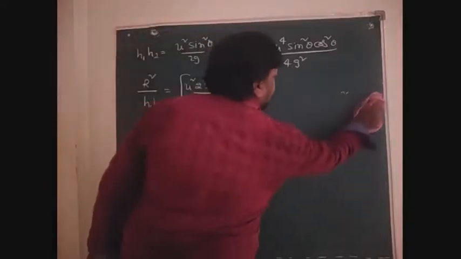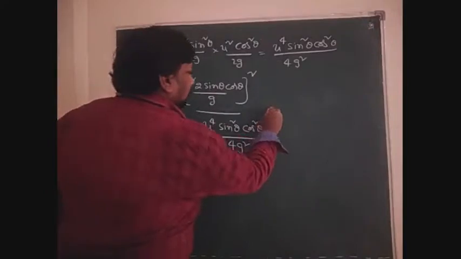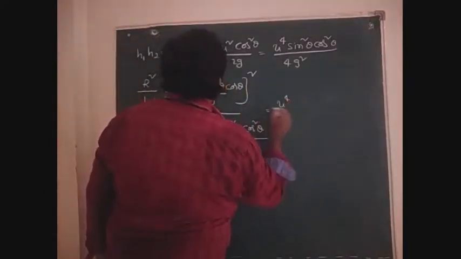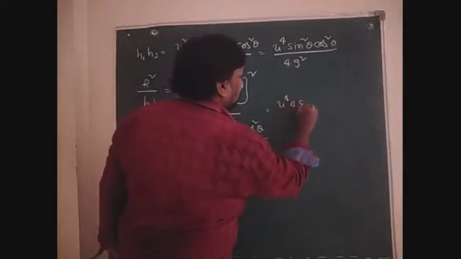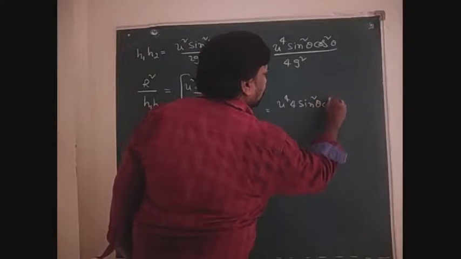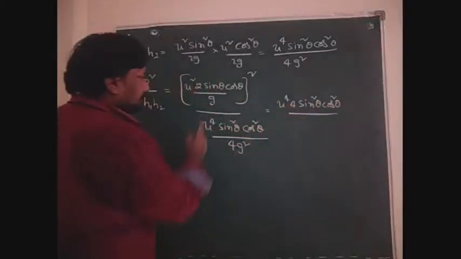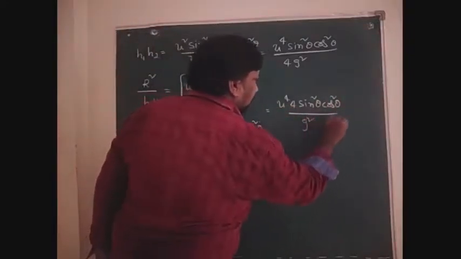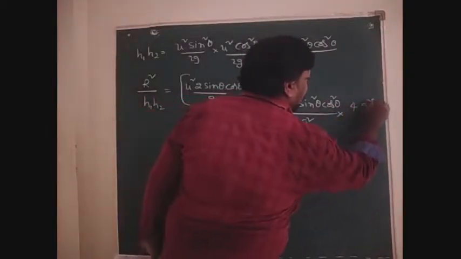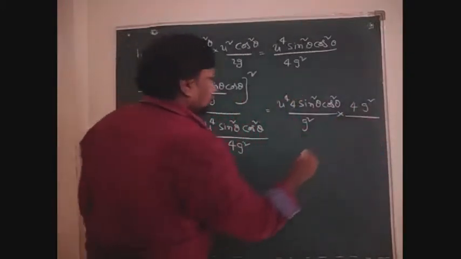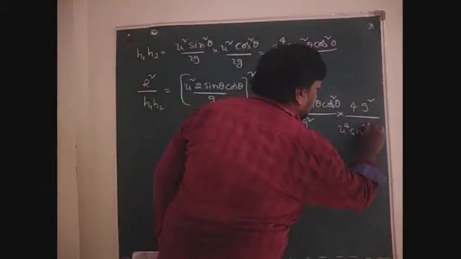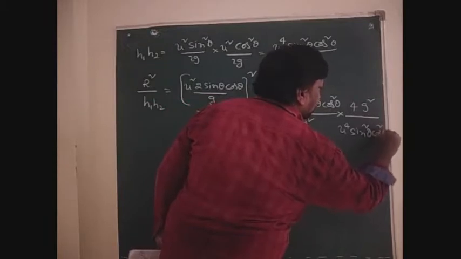So in this case u power 4 sine square theta cos square theta by g square into 4g square by u power 4 sine square theta cos square theta.